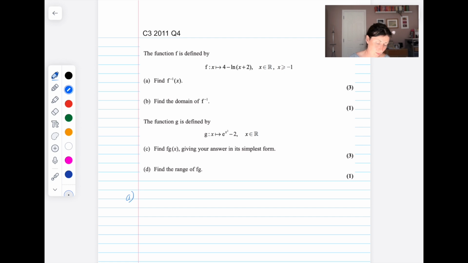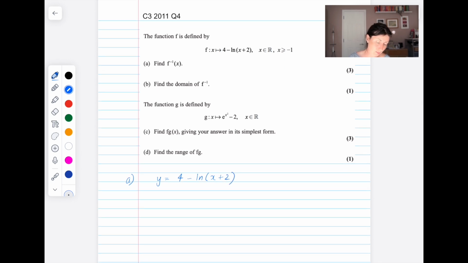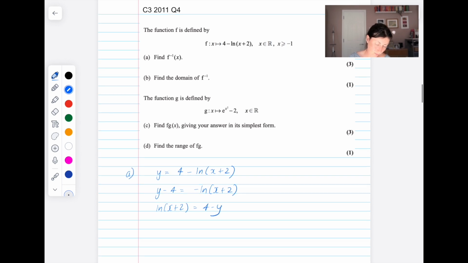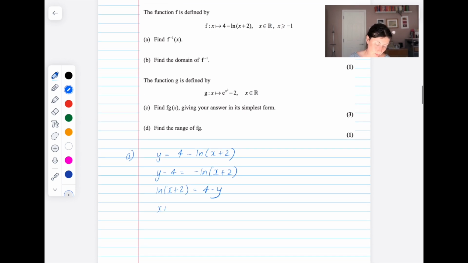Next question. Find the inverse. So I'm not overthinking this too much. I'm just going to go straight in. Write y equals rather than this, well, this is quite strange f colon x notation. Rearrange to get x the subject. You might be able to do this quicker than me.